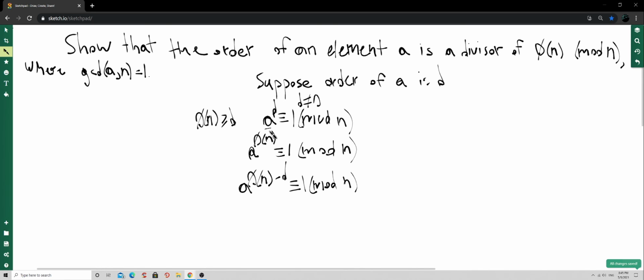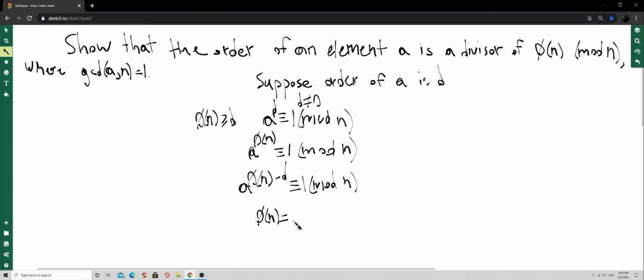Okay, but notice that we can keep setting this equal to this, until we get something that is less than d. And notice that that is just the definition of dividing things together. So why don't we use the division algorithm and write phi of n as some multiple of d plus a remainder.